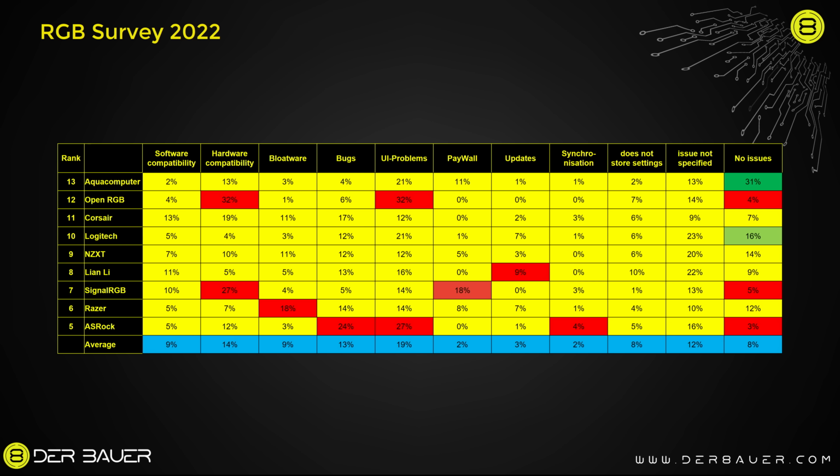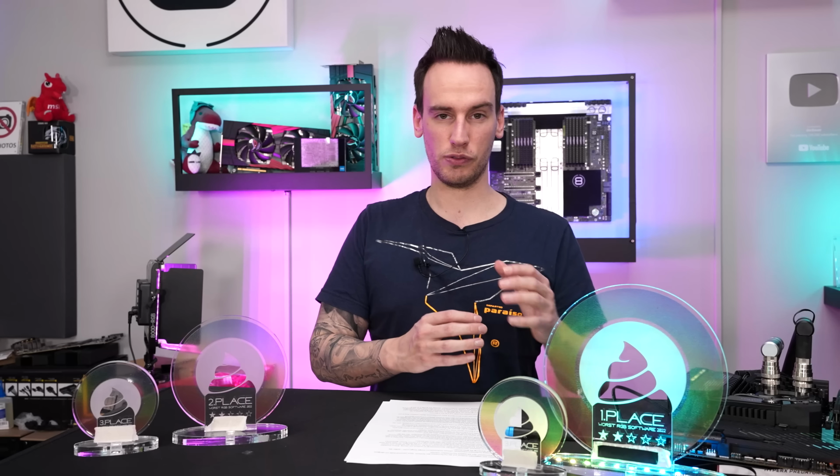Jumping into the top 5 with ASRock Polychrome RGB. Generally speaking, this software just seems to have a huge amount of very basic bugs. I was surprised reading through stuff like, if you set a static color, like you have 2 ASRock components, and you set red for the mainboard, then it's suddenly blue on the graphics card. So it cannot even set the basic stuff for the RGB components correctly.